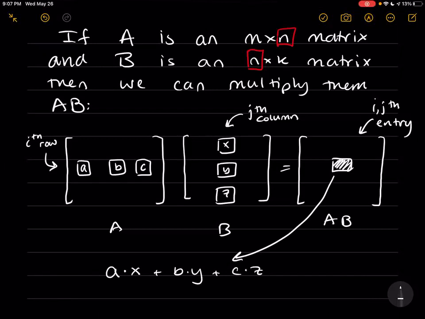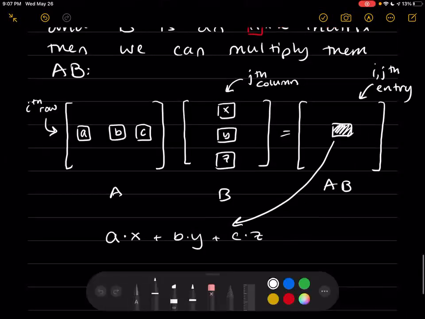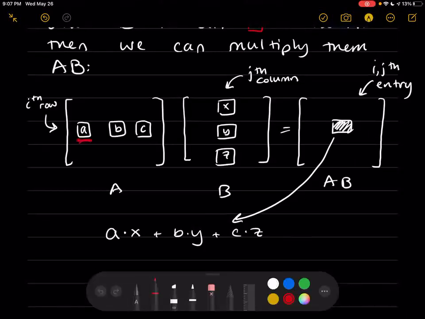So if you had 4, it would be A times X plus B times Y plus C times Z plus D times W. So what you're doing here is you're taking the first entry of your row and multiplying it by the first one in that column of B, and doing the same thing with the second ones, and the third ones, and so on and so forth. And once you multiply and add them all up, that's what goes into that ith row, jth column entry of A times B.